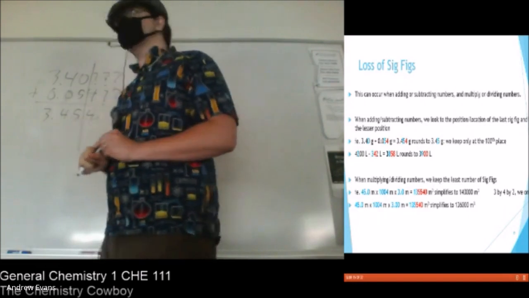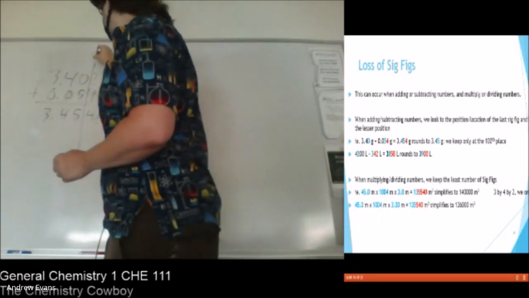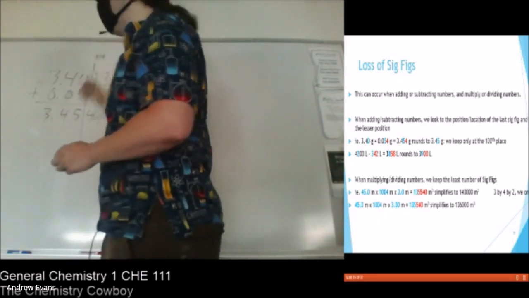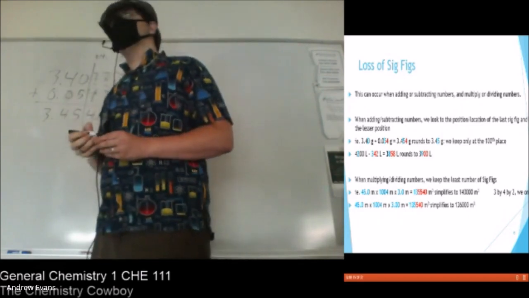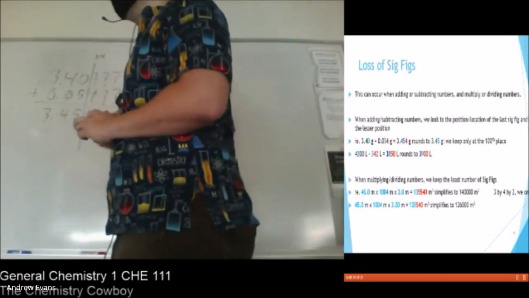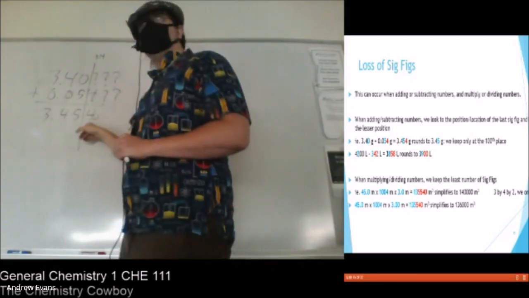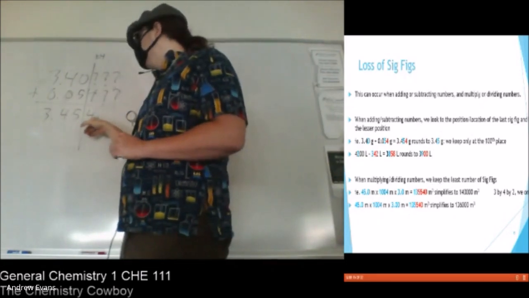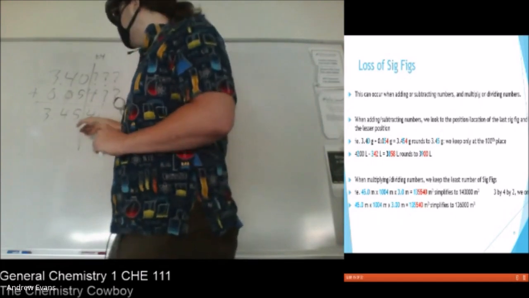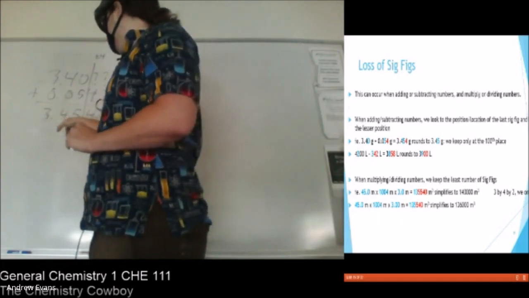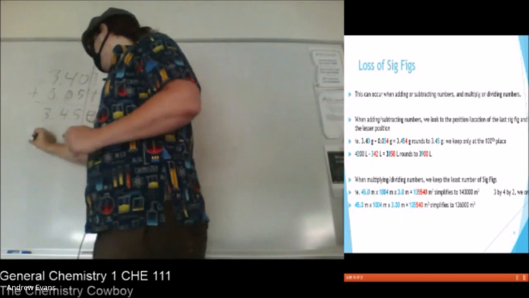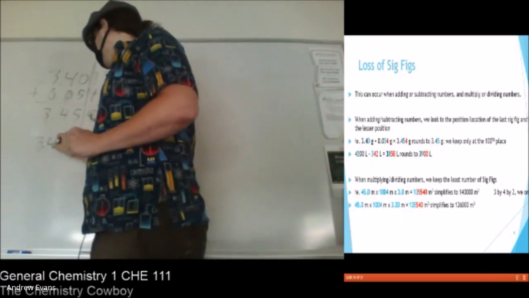That question mark could be anywhere from plus or minus 4. And because it could be anywhere plus or minus 4 or even 5, we don't really know what this digit is anymore. So all we can say is we know this is 3.45.